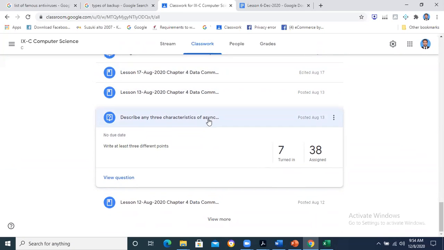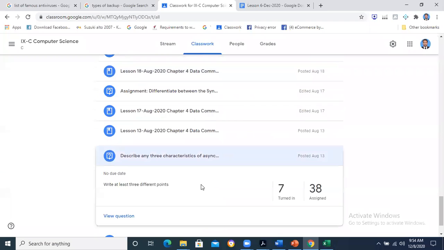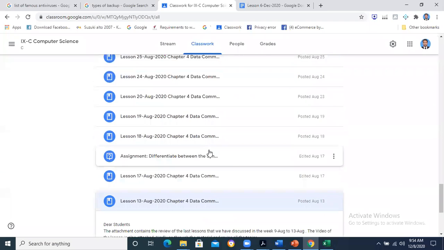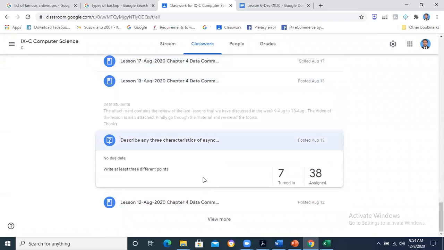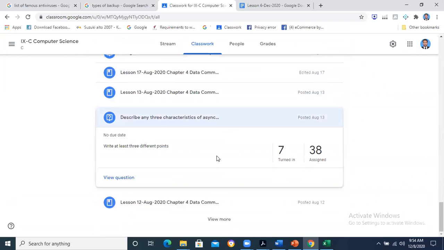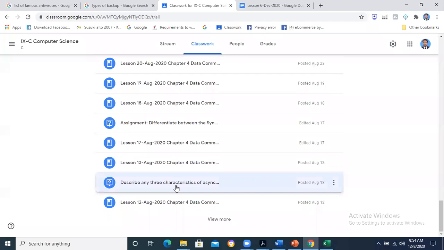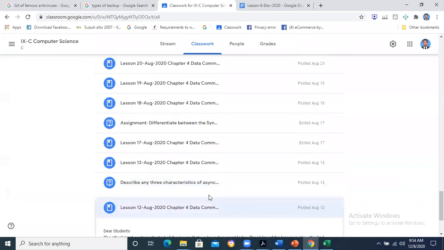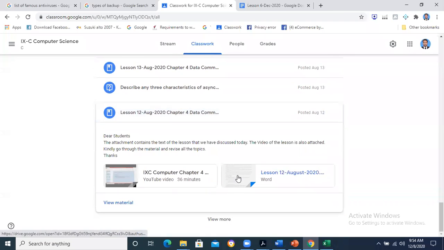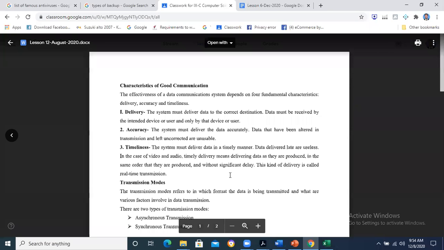In most cases I have given the written material as well as the text material. On any date you click, you will find the things that have been explained in that chapter.